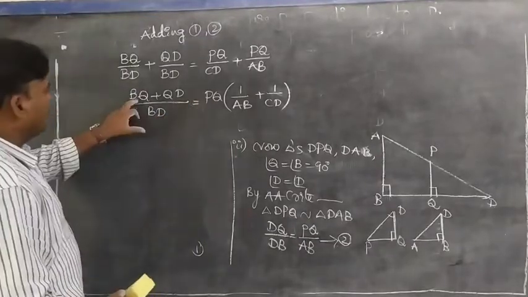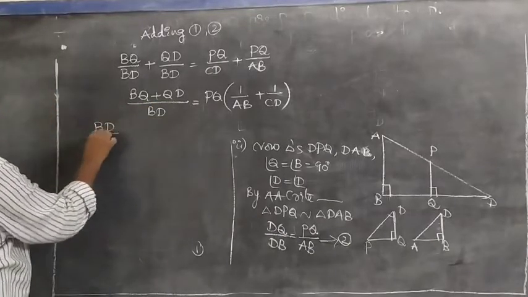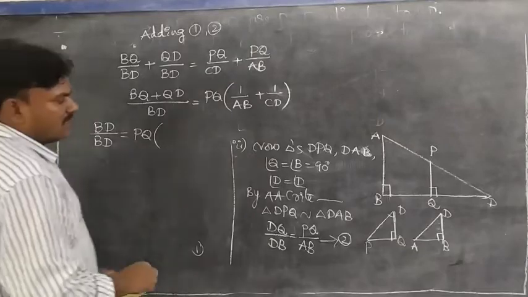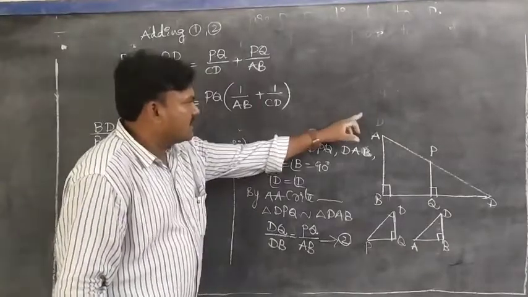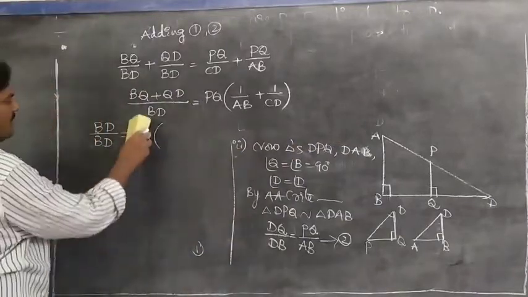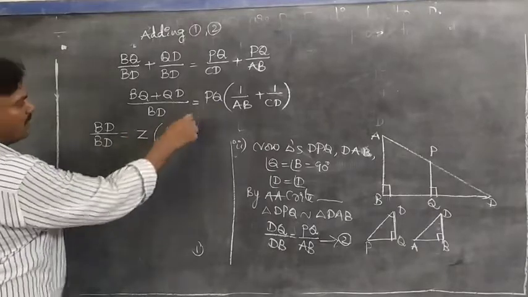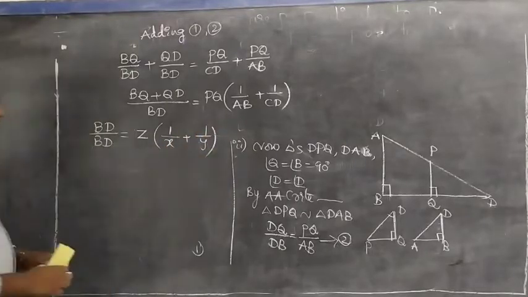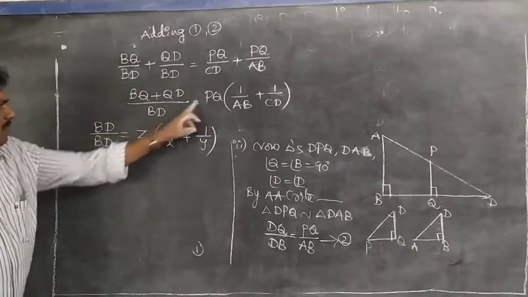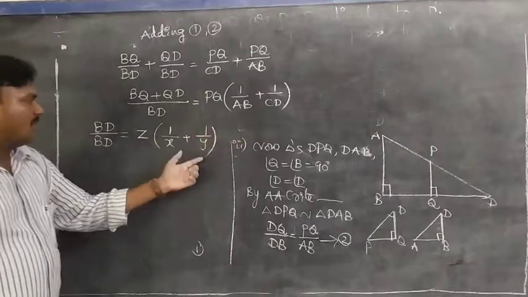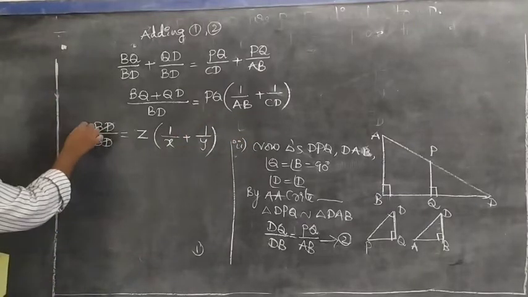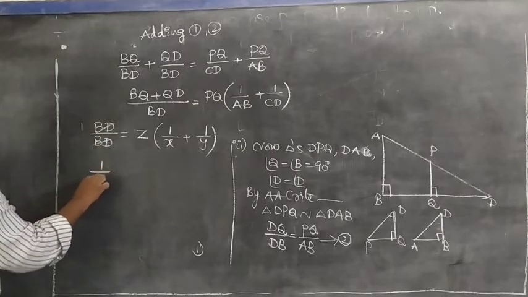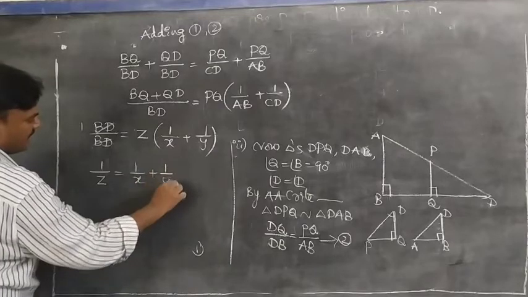According to the diagram, BQ plus QD is nothing but BD. So BD by BD equals PQ of 1 by AB plus 1 by CD. PQ value is Z, CD value is Y, AB value is X. So BD by BD equals Z of 1 by X plus 1 by Y. Both cancel, and you get 1. Z is multiplied on the right side, so it is divided on the left. So finally 1 by Z equals 1 by X plus 1 by Y. Hence it is proved.